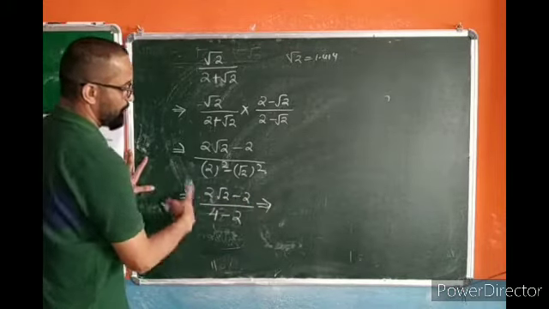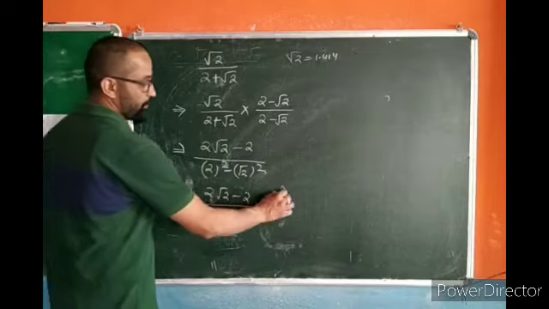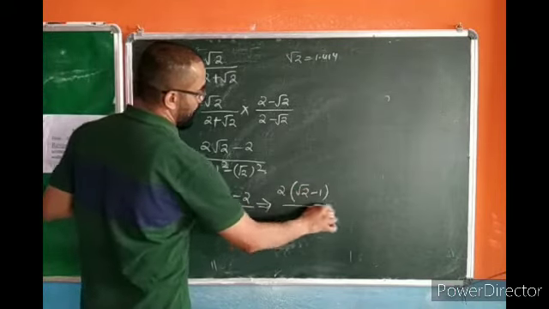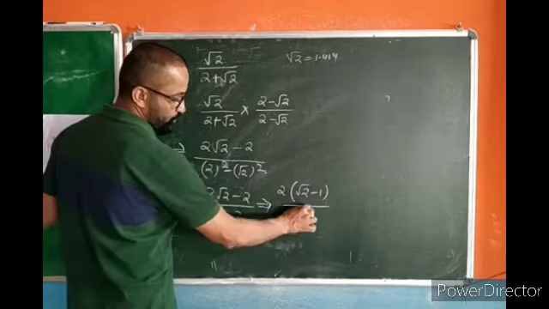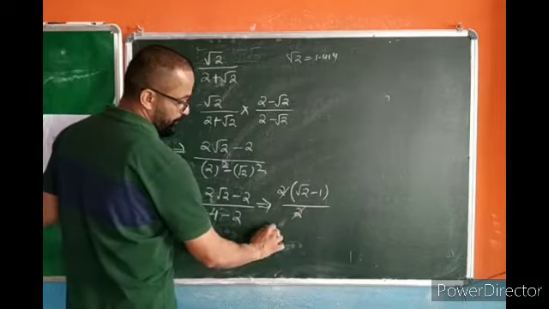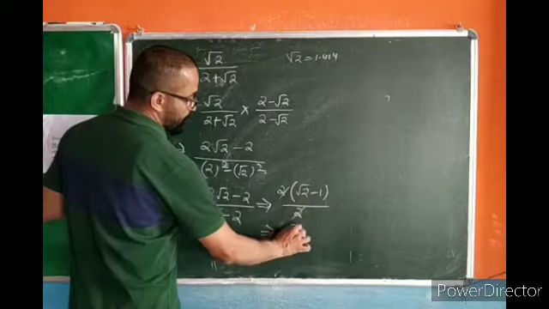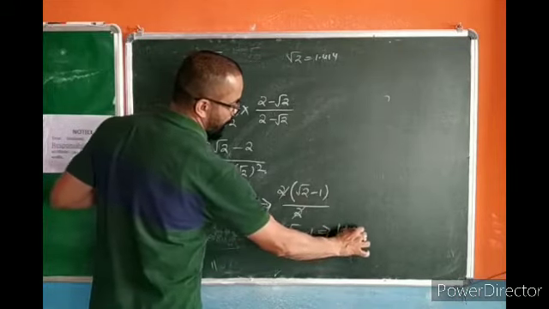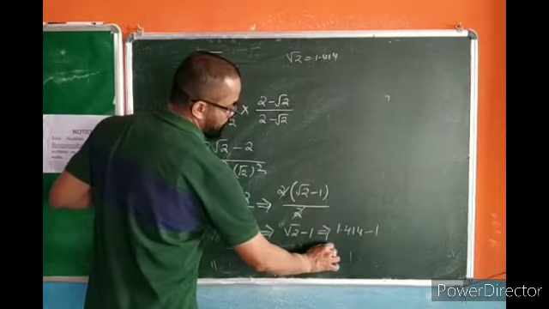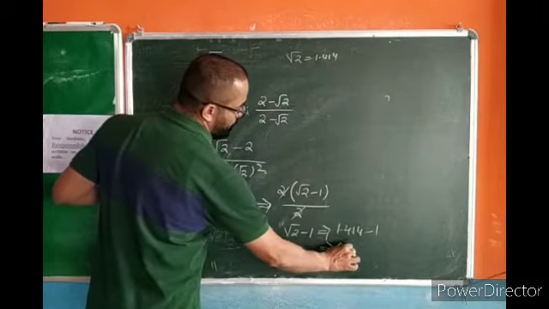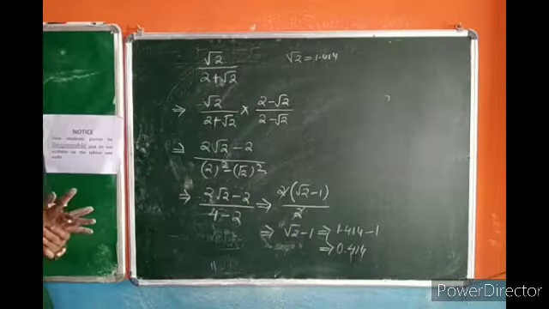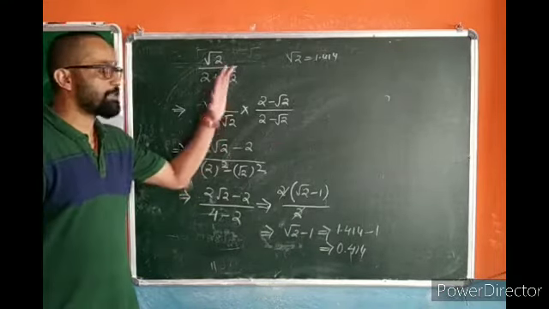Simplify it now. Take 2 common, you are left with root 2 minus 1 divided by 4 minus 2, which is 2. Cancel it. You are left with root 2 minus 1. Substitute the value: 1.414 minus 1. Subtract this, it is 0.414. Calculation will be much easier if you rationalize it.